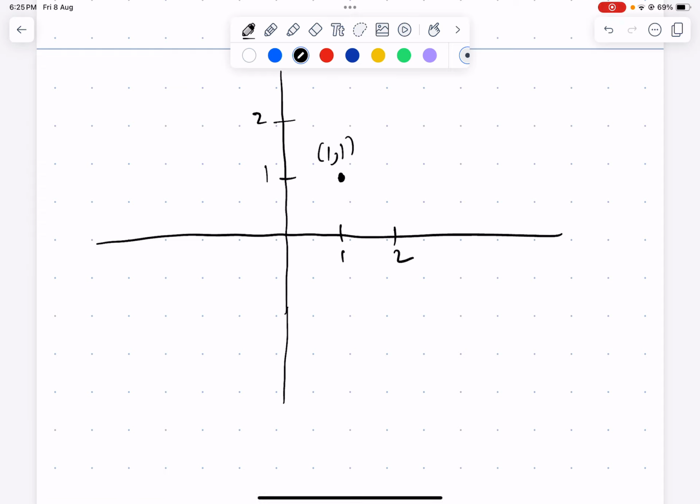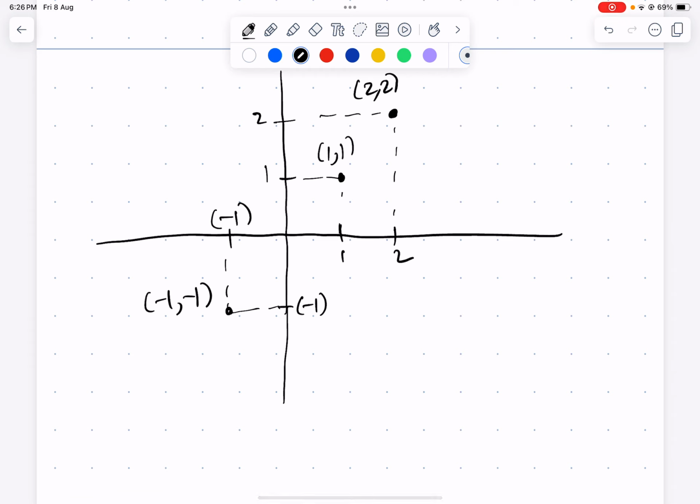Then if you give it input 2, the output will be 2. So 2 comma 2 is an input output pair. If you give it input -1, it will output -1. So -1 comma -1 is an input output pair, and so on. So whichever input you give, it will give the same output.